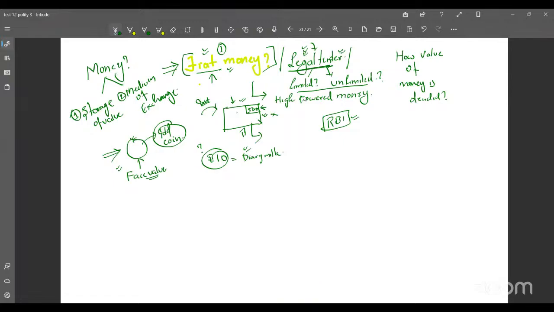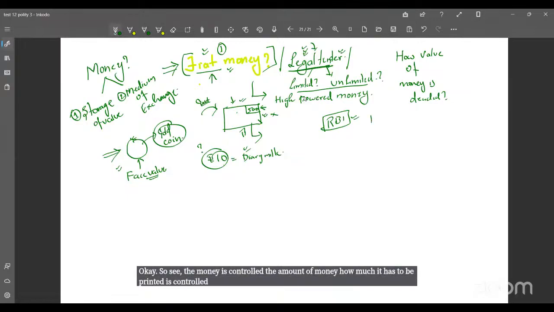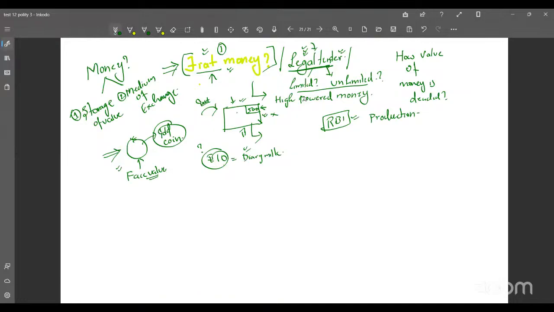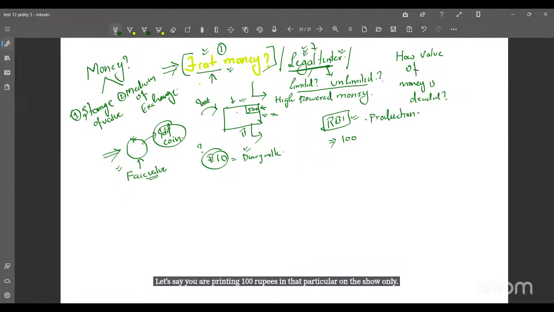Okay. So see, the amount of money, how much has to be printed, is controlled based on the production you make. Let's say you are printing 100 rupees in that particular year.